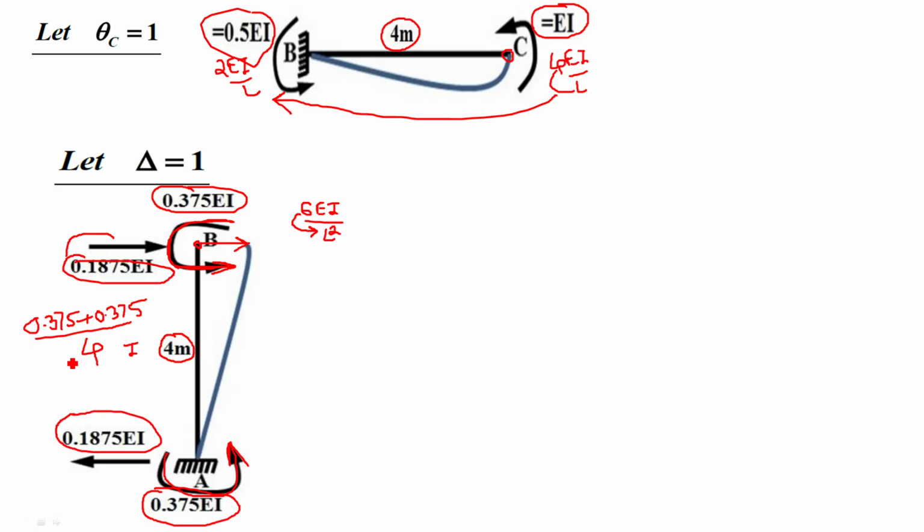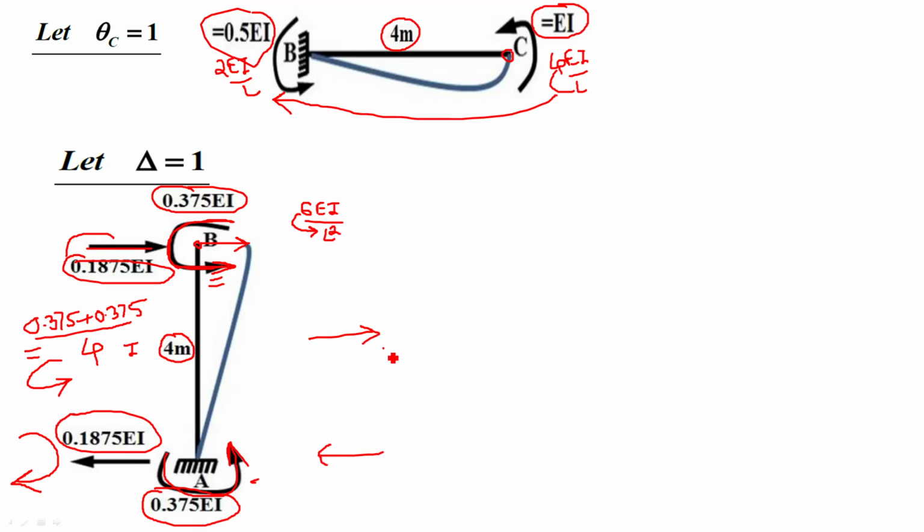Now, the direction of reaction. Since these two moments are anti-clockwise, that is positive, the sum of moment will be positive, so this answer is positive. If the answer is positive, the reaction couple will be clockwise. Clockwise means top reaction must be towards right and bottom reaction must be towards left.